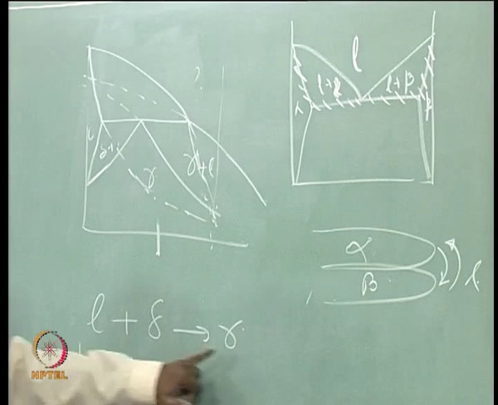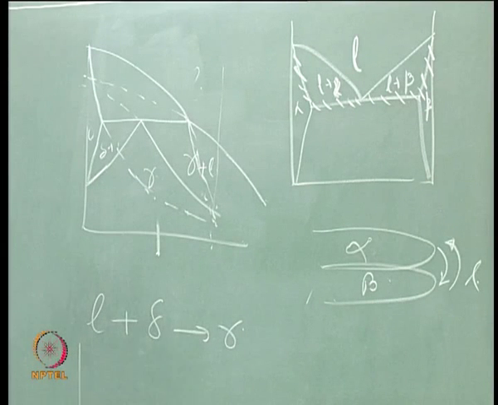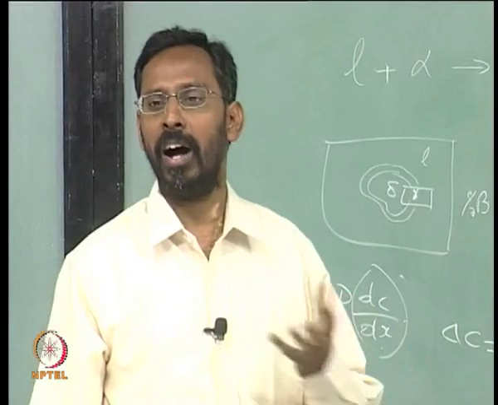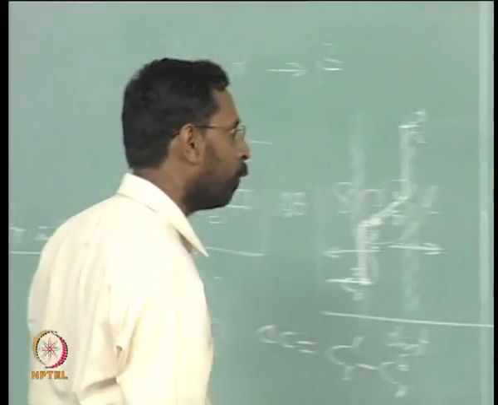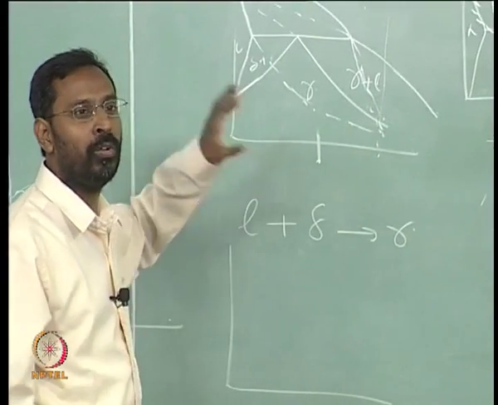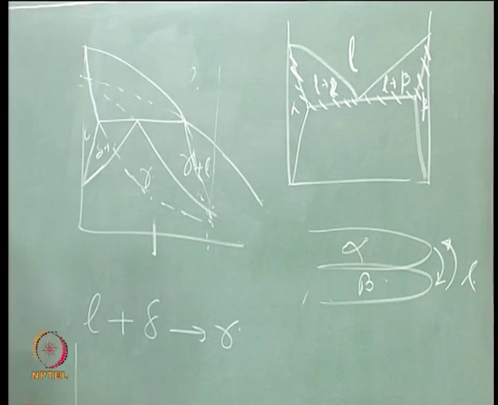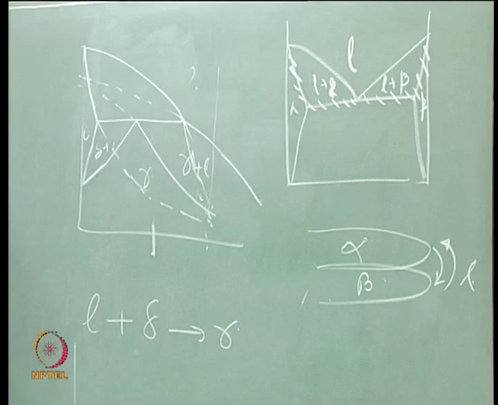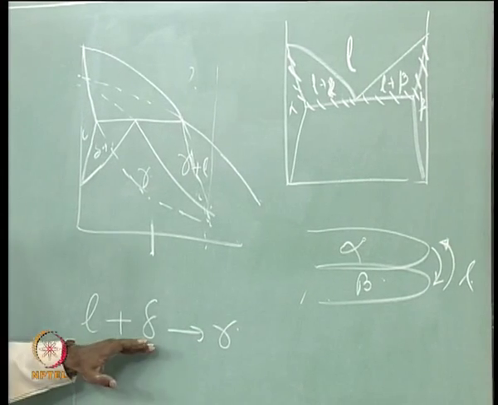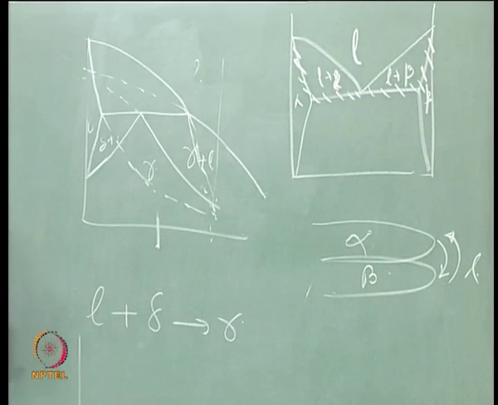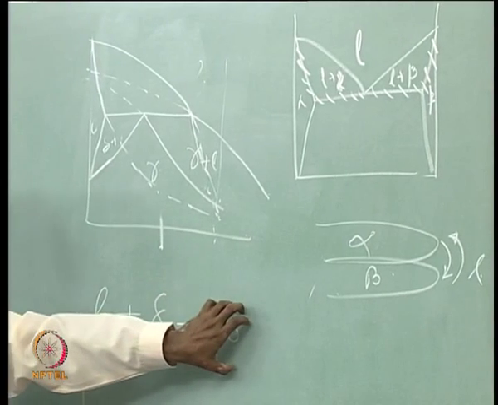Depending on which phase is more difficult to nucleate from the liquid, depending on the structure of that particular phase, whether gamma or delta is more difficult for it to nucleate, the system will choose that particular phase which is easy to nucleate, and when you cool the liquid rapidly, only that phase comes out rather than one phase coming out first and that reacting with the remaining liquid giving you the second phase.